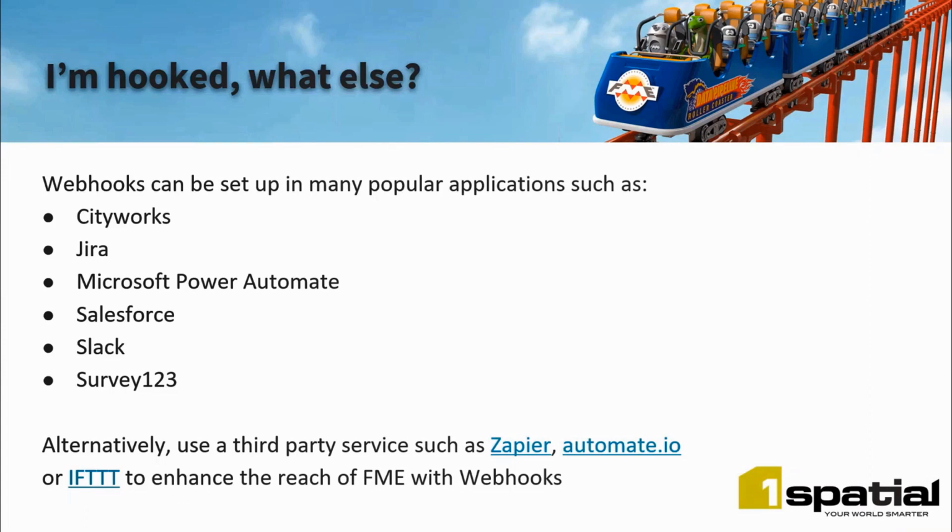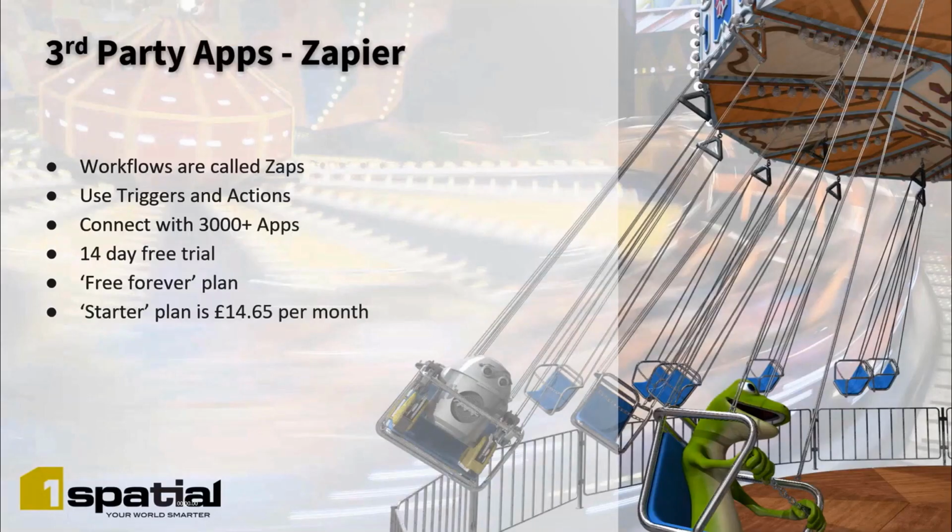A third-party service such as Zapier, automate.io, or If This Then That, can also be used to enhance the reach of FME with webhooks. One of these third-party apps, Zapier, aims to connect your apps and automate workflows. Sound familiar? I've used Zapier on and off for several years now and quite like the parallels with FME.